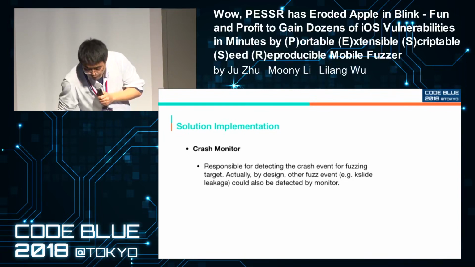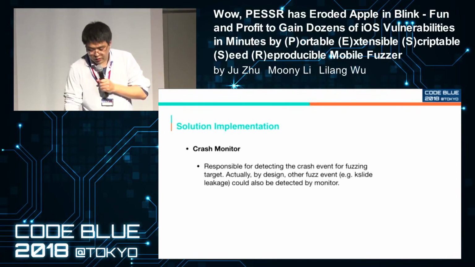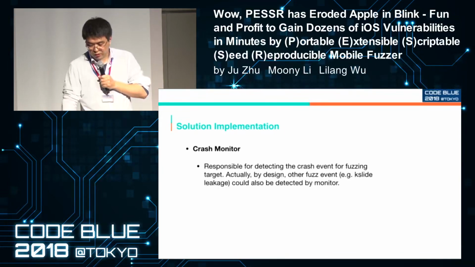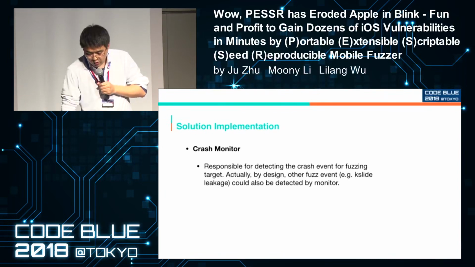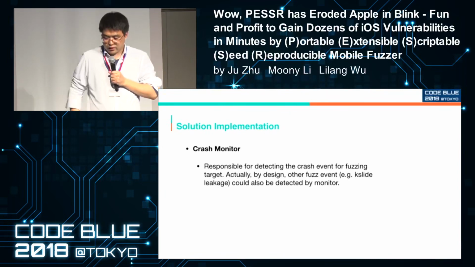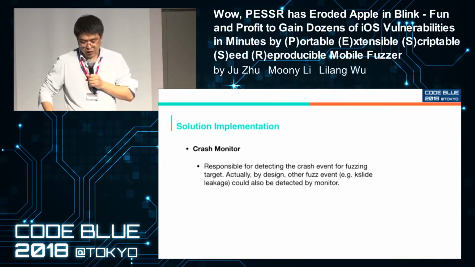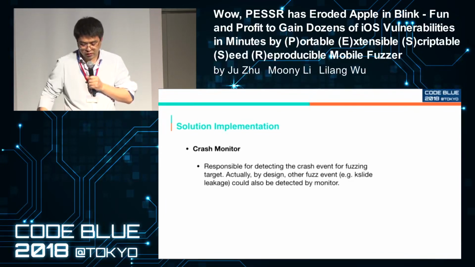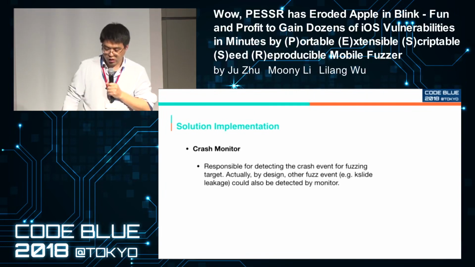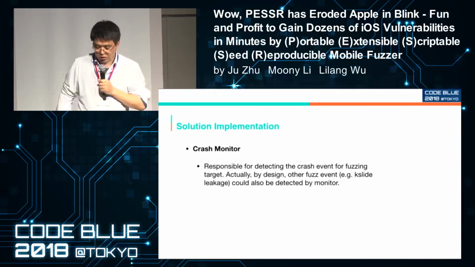The crash monitor is responsible for detecting the crash event for the fuzz agent. Actually, by design, events after fuzzing, for example key slice leakage or information leakage, could also be detected by the monitor. The fuzzing target could be a kernel module, for example XNU or a kernel driver or another kind of module in the driver or kernel, or any user mode modules or processes, for example XPC or Mach service daemons.